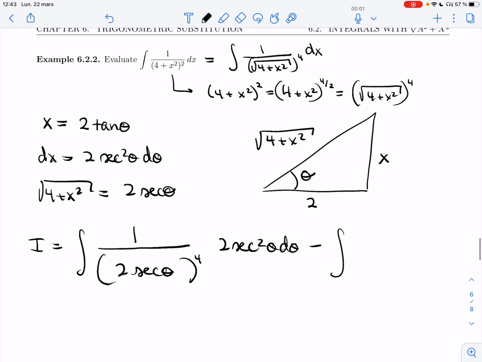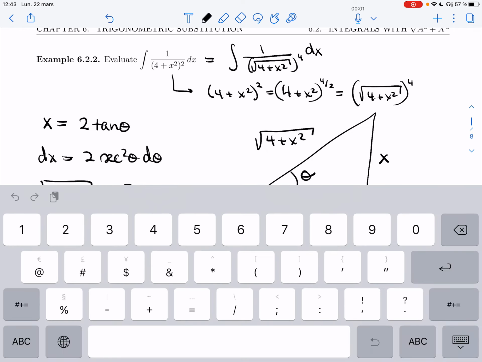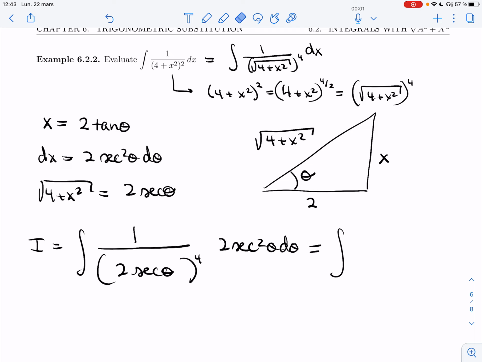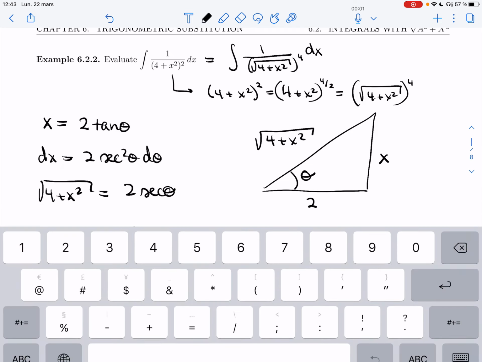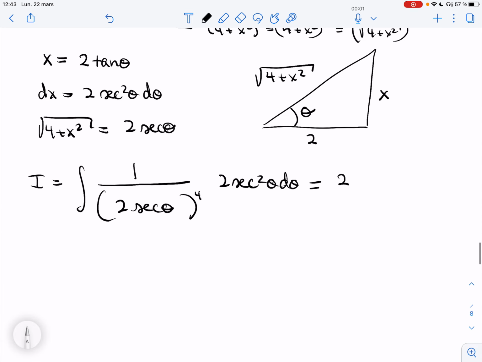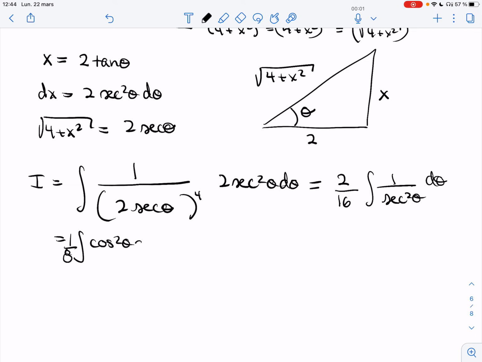I end up with 2 over 16. Oh, sorry. I end up with 2 over 16. And then I have secant squared that's left. This looks like a bad integral, but if you remember secant squared, that's 1 over cosine. So here I would get 1 over 8 cosine squared theta d theta.